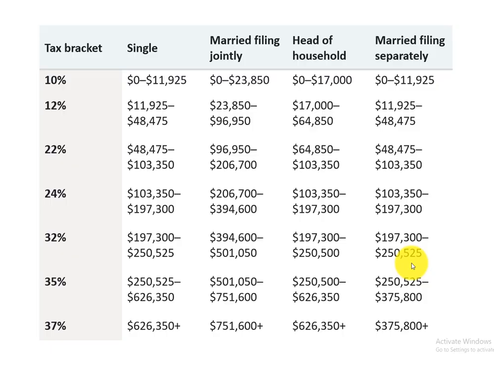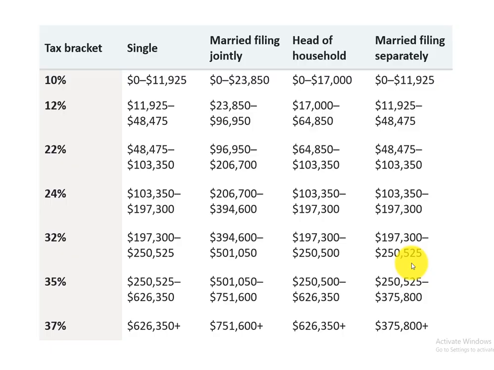If your income is between 11,925 and 48,475 for the year, you pay 10% on the first 11,925 and 12% on the amount over 11,925 but still under 48,475. It goes down the brackets, 22%.